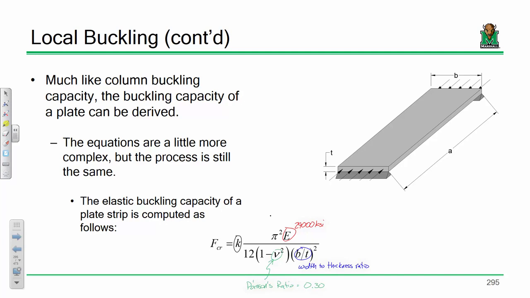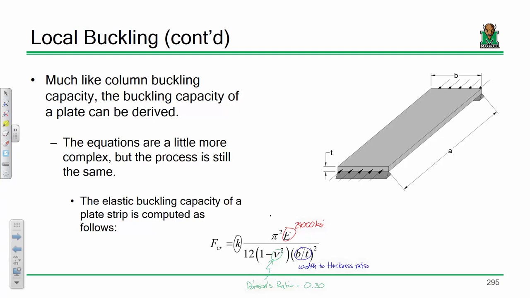This equation here, the way it works is it will tell you the critical buckling stress as a function of these parameters. Okay. So let's say we're dealing with steel. So that's a constant and that's a constant. So there's really only two things you can vary. You can vary this, so you can start making your plate thinner or thicker or whatnot, and you can vary this. Now here's what ends up happening.